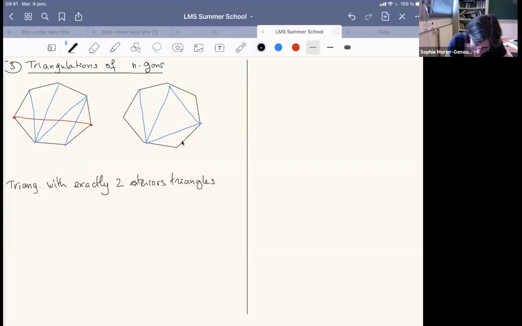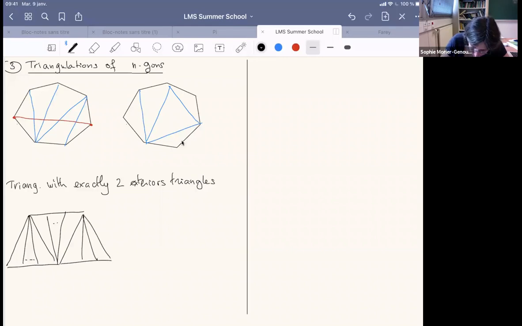So these triangulations I can roughly represent like this. You have a sequence of triangles that have the base under the red line. Then you have triangles with their base above the line, then under, and so on.